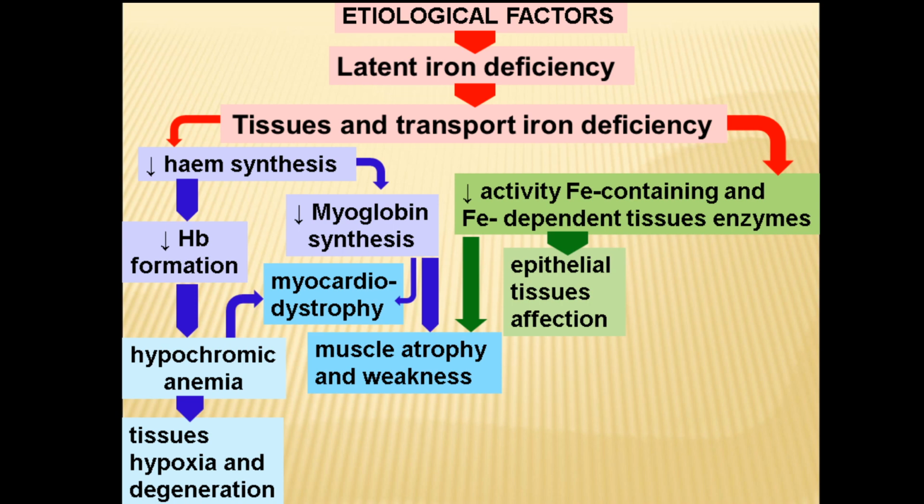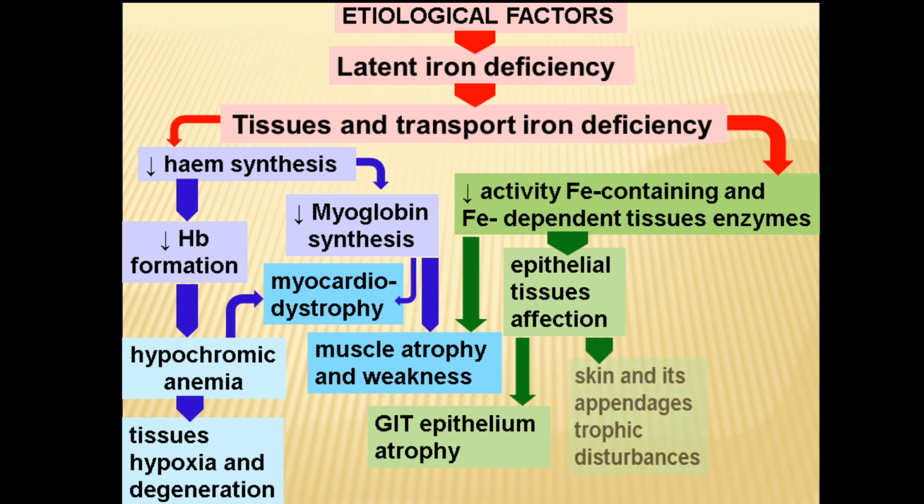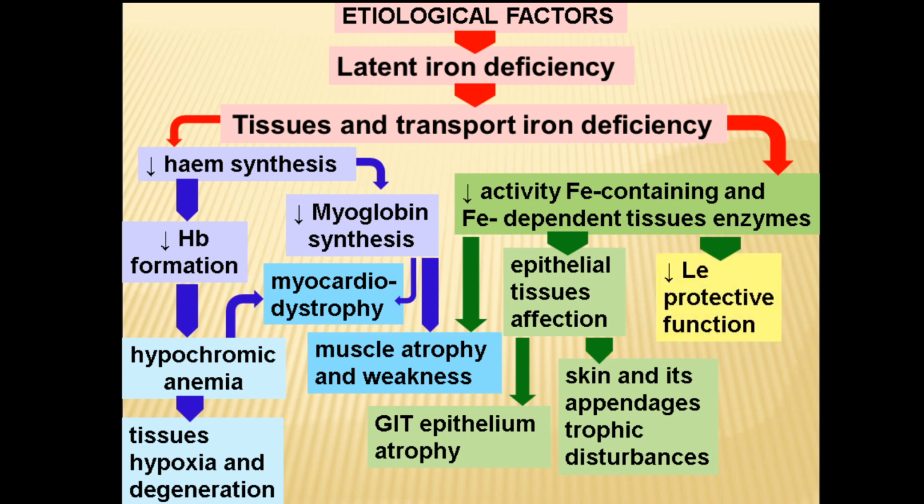Decreased activity of non-heme iron enzymes will cause problems with the epithelium of tissues, which is clinically manifested with atrophy of the gastrointestinal tract and problems with skin and its appendages due to trophic disturbances. Secondary decreased activity of iron-containing tissue enzymes is accompanied with decreased protective function of leukocytes.